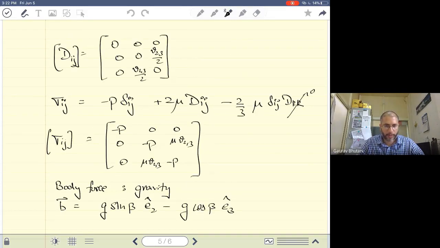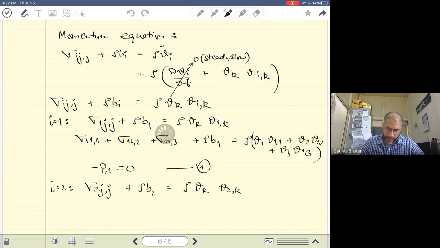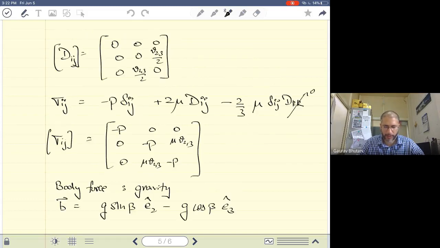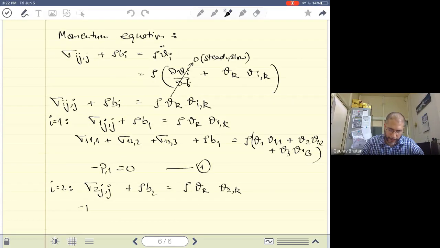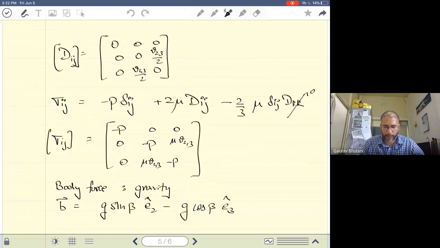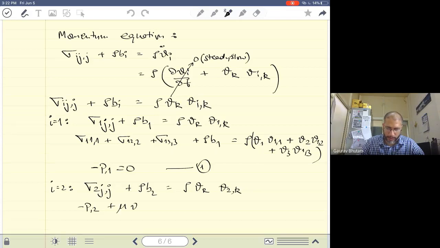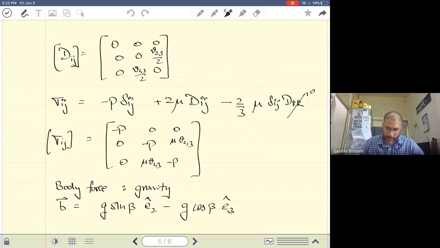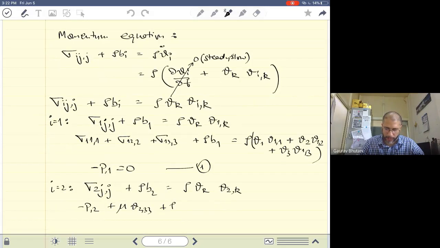So sigma 21 comma 1 is 0 because sigma 21 is 0. And then sigma 22 comma 2. So sigma 22 is minus p, so that becomes minus p comma 2. And then we have sigma 23 comma 3, which is mu times v2 comma 3, so that becomes mu times v2 comma 33. And then rho b2. Now rho b2 is nothing but rho g sine beta, so this becomes plus rho g sine beta.